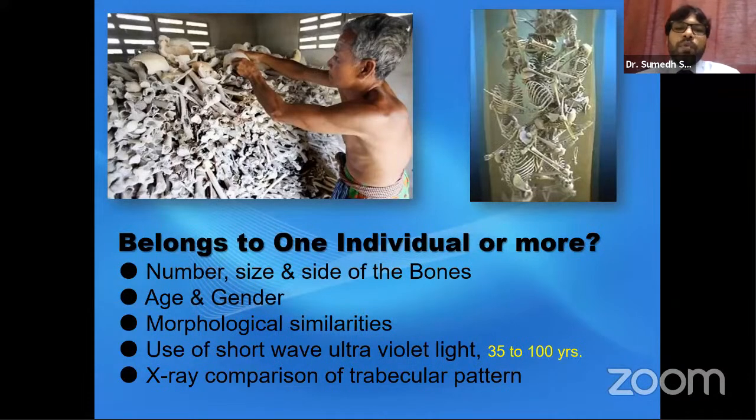And one more very important case in this scenario is that the famous actress Laila Khan and her family were killed near Igatpuri, Nasik. When the skeletons were found, there were identical twins.